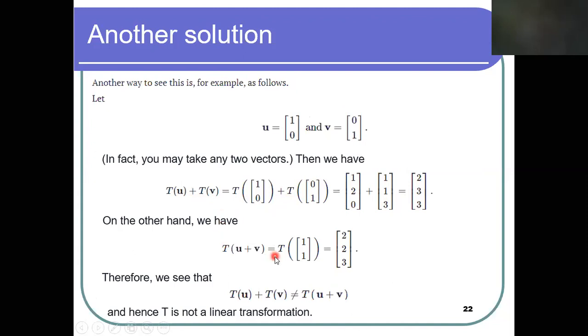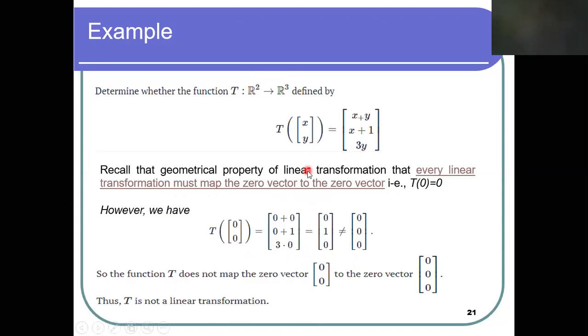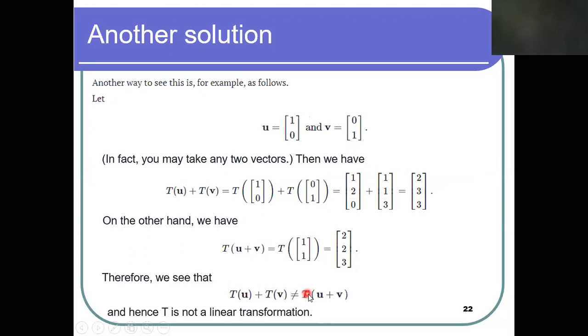Now if I add these two elements, u and v, I will get (1, 1). If I apply T on this (1, 1), putting x as 1 and y as 1, and plug it in, I get this output.